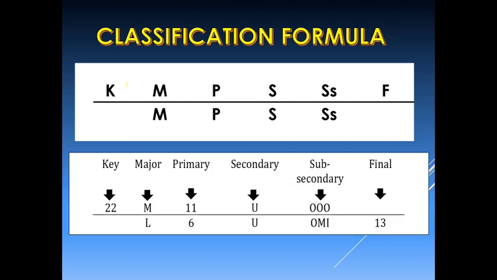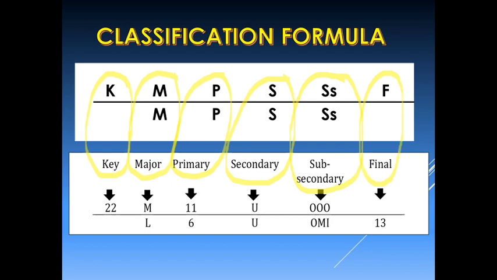First we have the key classification or the key division, followed by the major classification or the major division, and then followed by the primary classification, and then the secondary, and then the fifth is the subsecondary, and the last is the final classification or the final division. So this is an example of the classification.